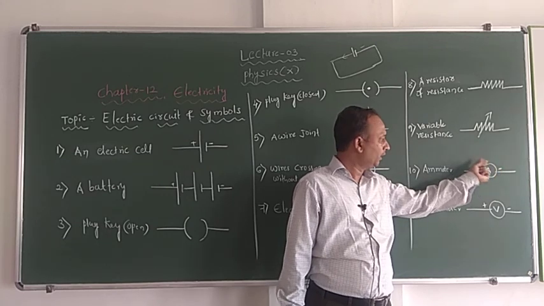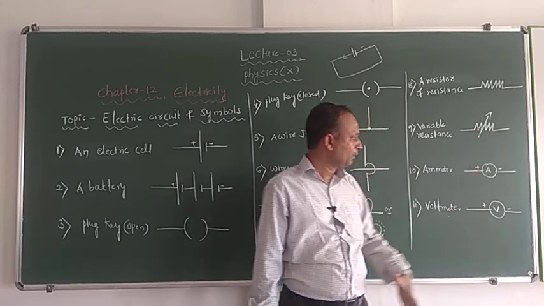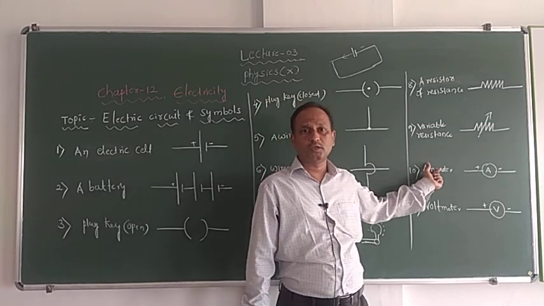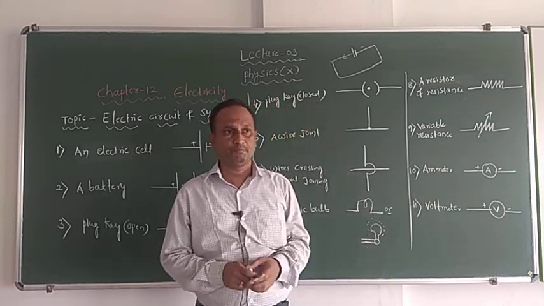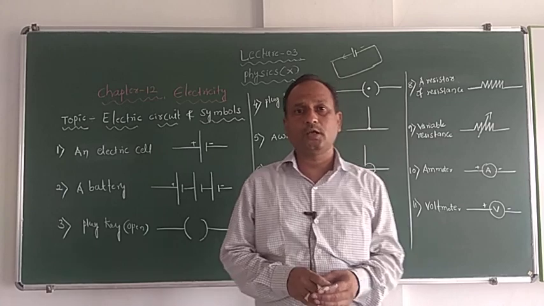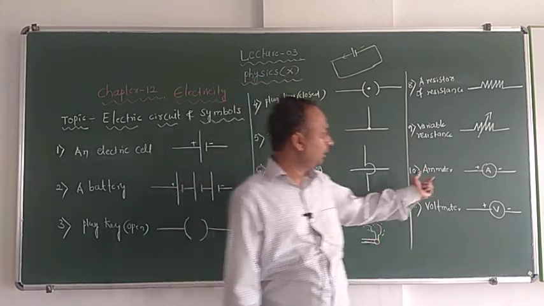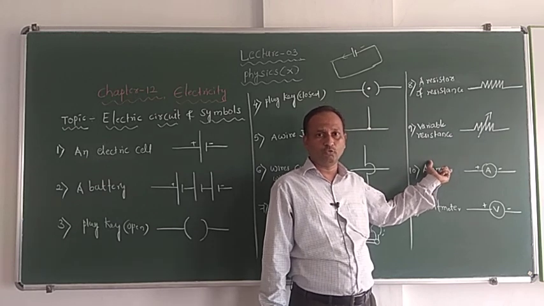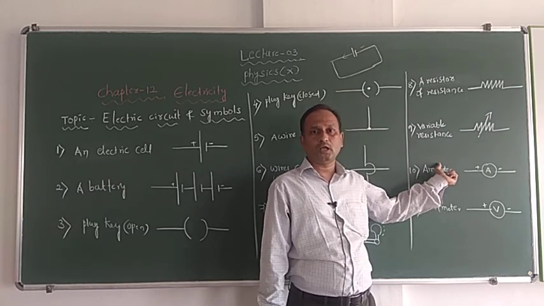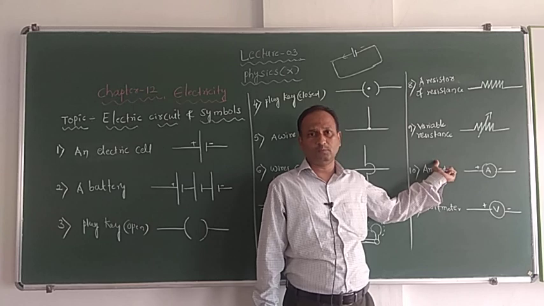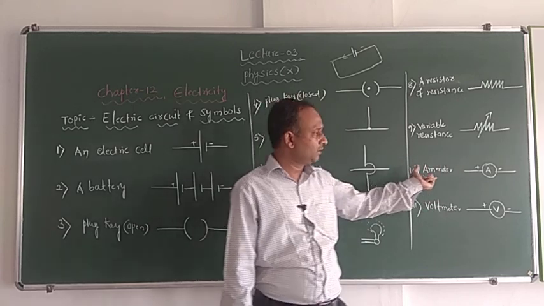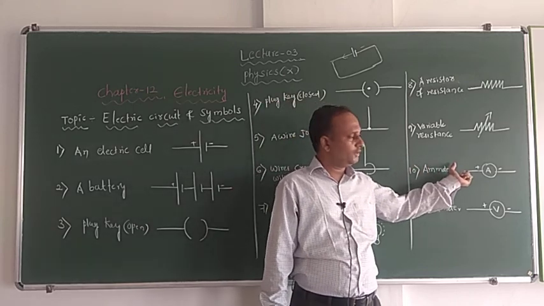Positive is always red in color, negative is black. The ammeter is always connected in series with the circuit. Whenever current is flowing in a circuit, if we want to measure how much current is flowing, the ammeter will show it. Because of its low resistance, it is always connected in series.